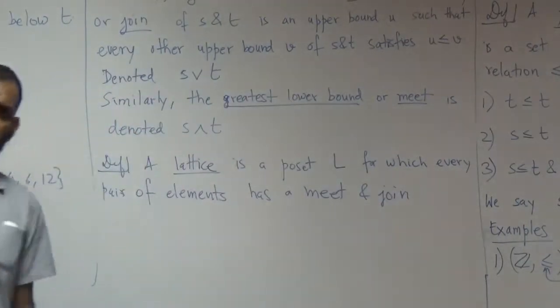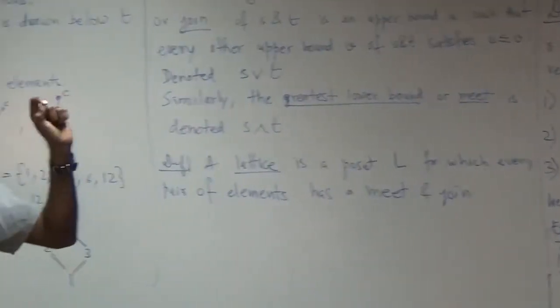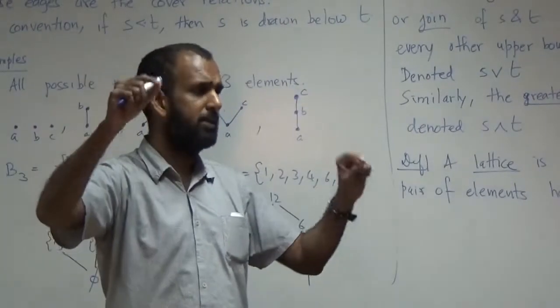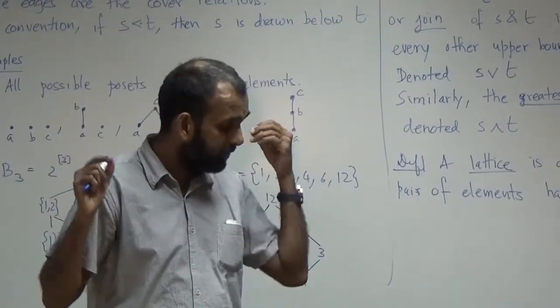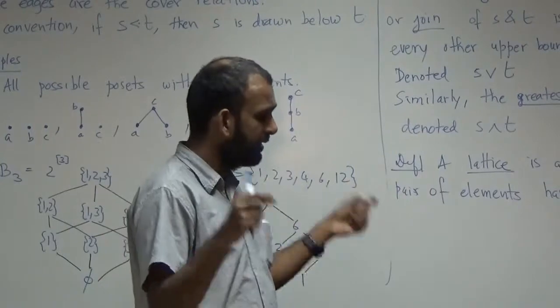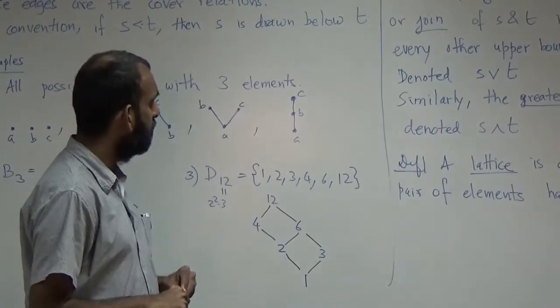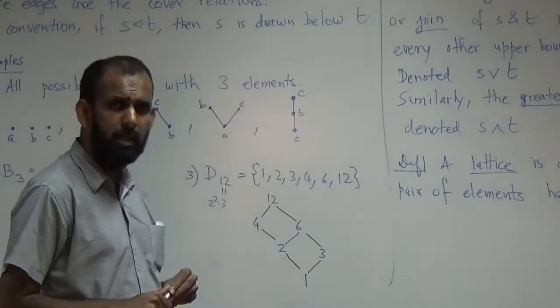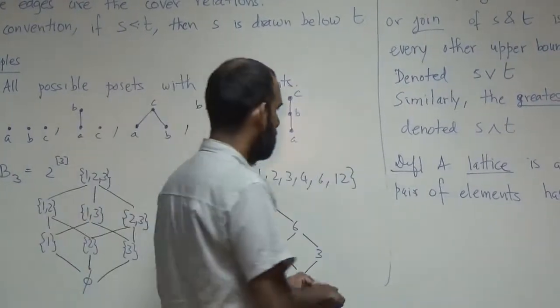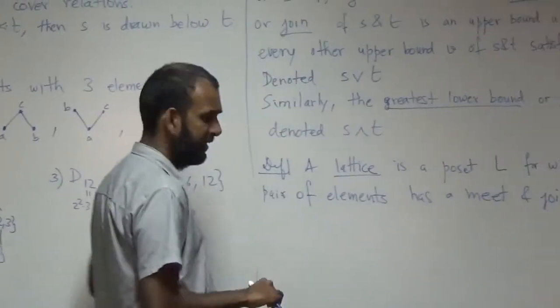In other words, I take any two elements, I can find the least upper bound or the meet and the join exist. Okay, so just to show you that they may not exist all the time, so not everything is a lattice.